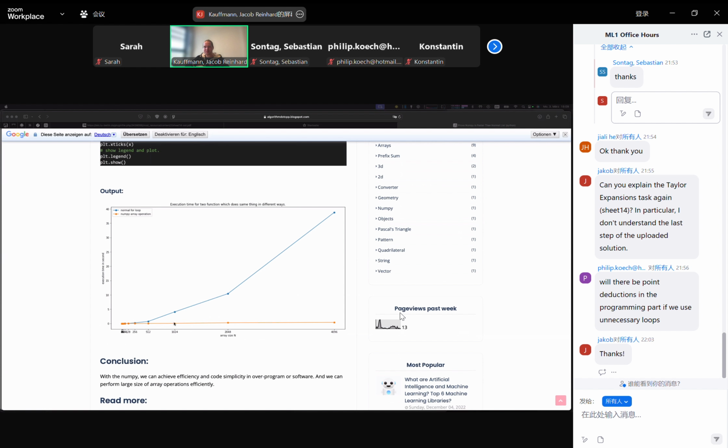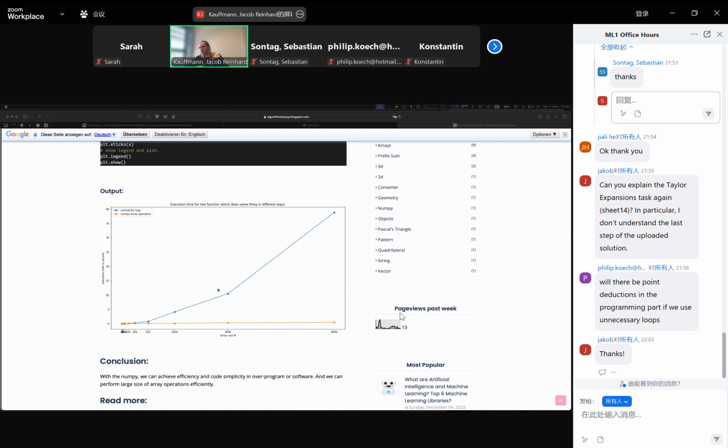But there's a multiplicative constant in front of your runtime. It is very, very small for these NumPy operations.